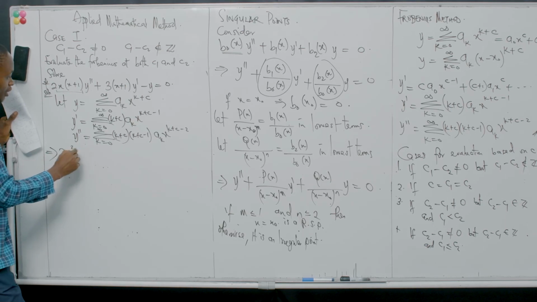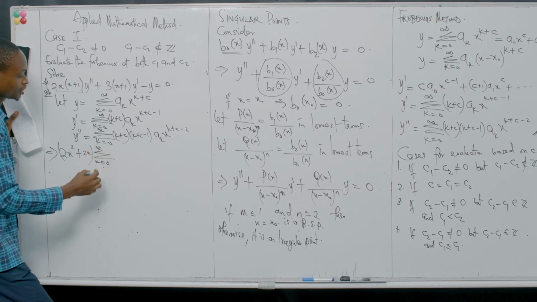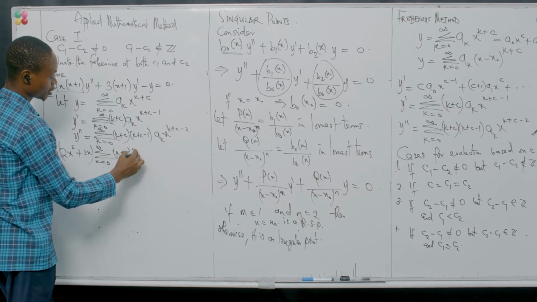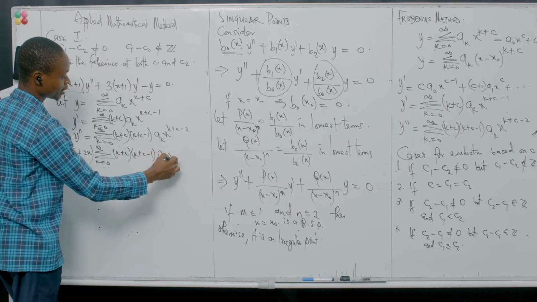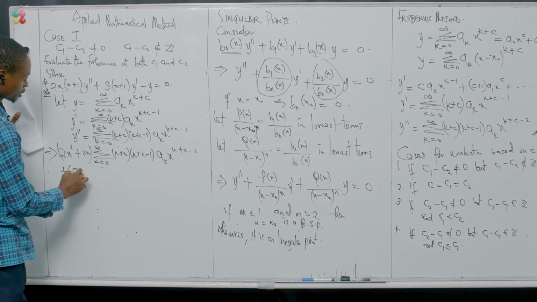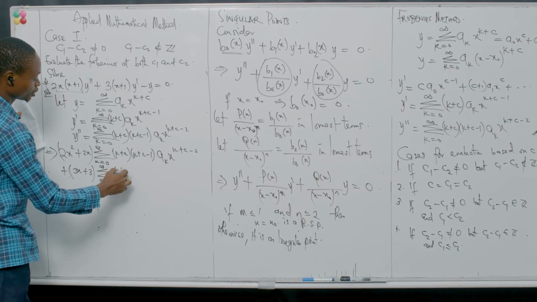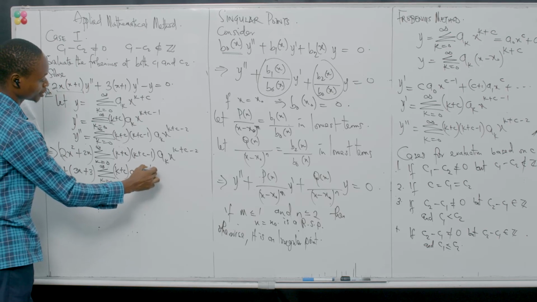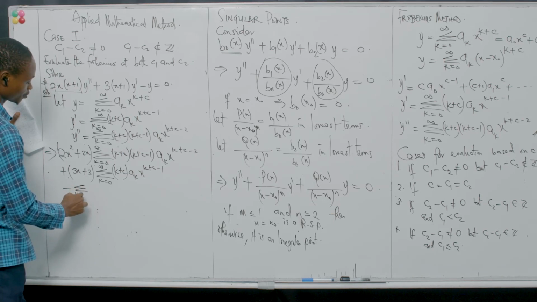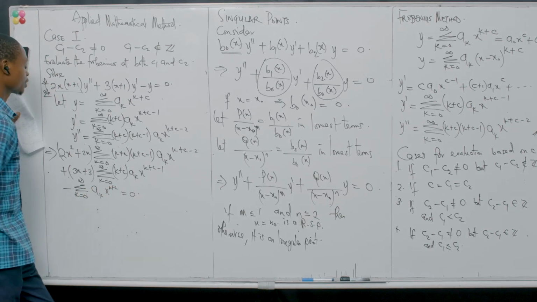We now have 2x squared plus 2x, all multiplied by the summation k starting from 0 to infinity of k plus c, k plus c minus 1, ak x to the power k plus c minus 2, plus 3x plus 3 times the summation k starting from 0 to infinity of k plus c, ak x to the power k plus c minus 1, and then lastly minus the summation k starting from 0 to infinity of ak x to the power k plus c. I hope we are together.